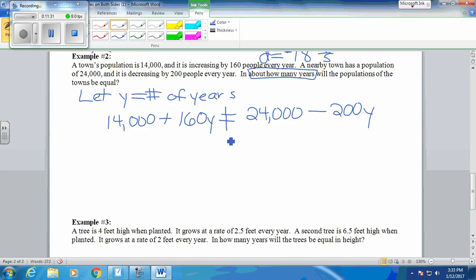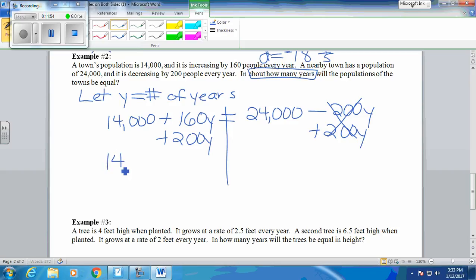So I have constants on both sides, and I have variables and coefficients on both sides. So my decision is going to, again, move the smaller variable. So I'm going to actually add 200y, because when I add 200y, I end up getting a positive coefficient on the right side.